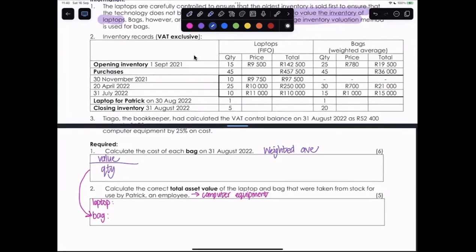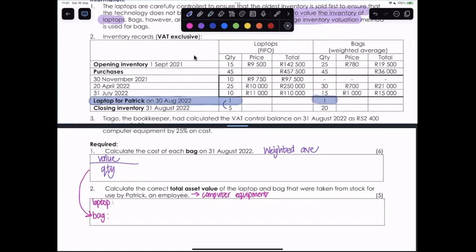And we can see over here that we've got a laptop for Patrick was taken and a bag was taken. Now that can be used over here, the information to find out if that laptop was taken on the 31st of August, can you see that it would have been taken out of the closing stock?